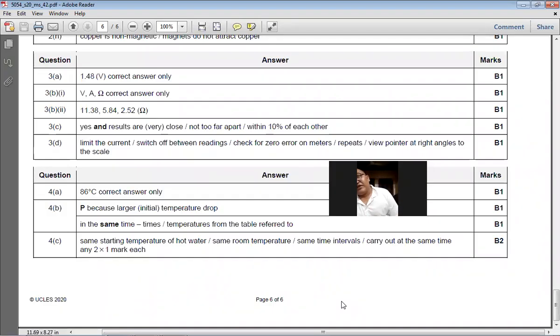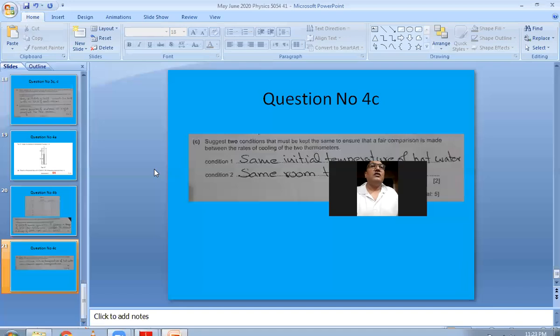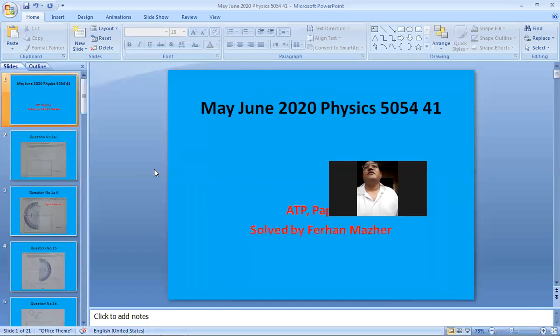You can pause the video for the time you want to have a good look at this marking scheme. It's very important to check your answer and compare it with the marking scheme. This is how we train our students for the Cambridge exam. They always check their answers with the marking scheme.